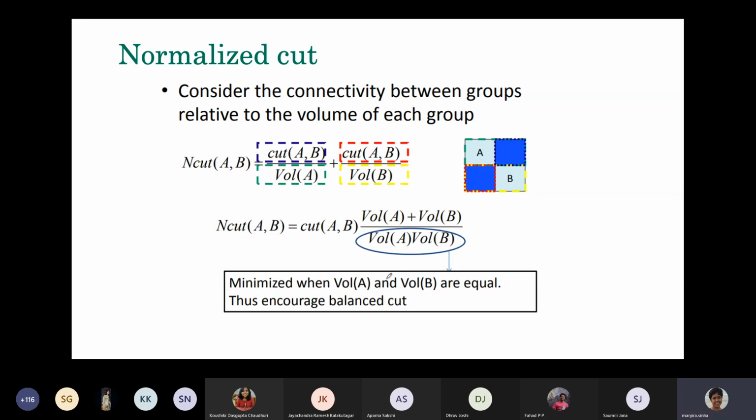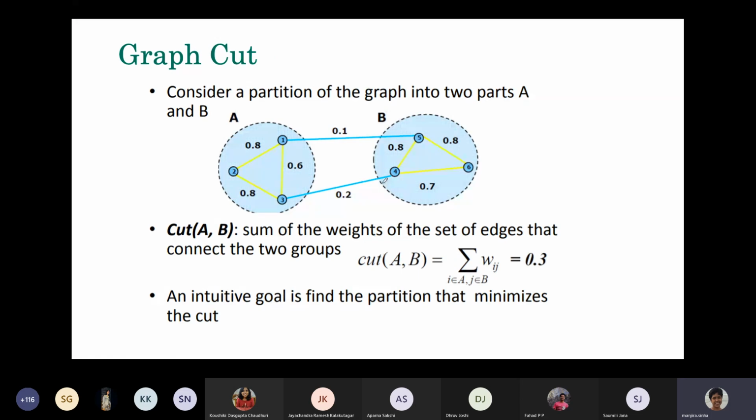And how can we come up with the normalized cut? In this case, we are only taking the connectivity between the two groups, A and B. But normalized means that we are normalizing the value with something.